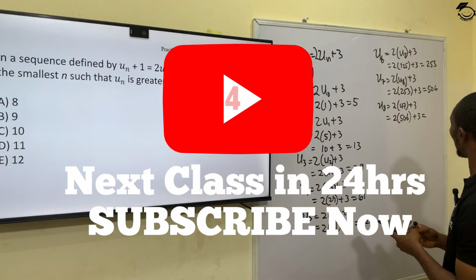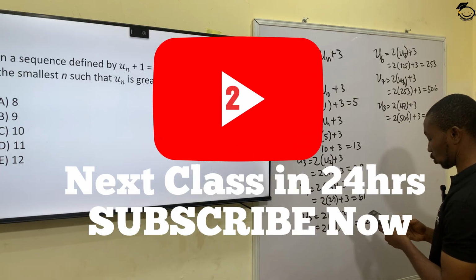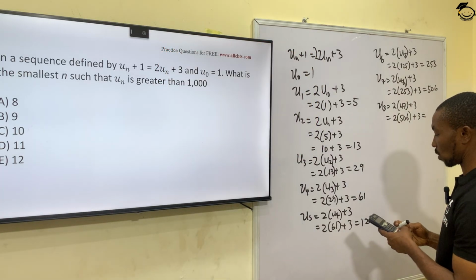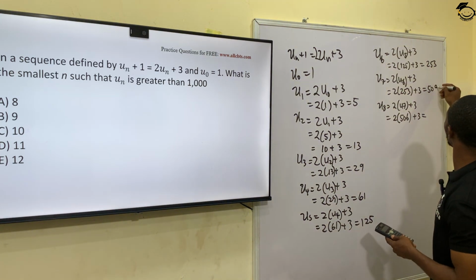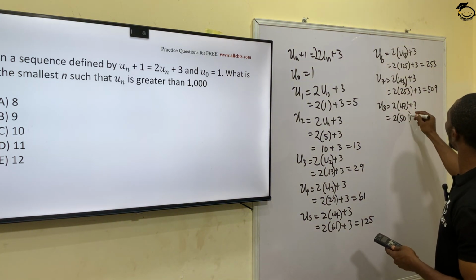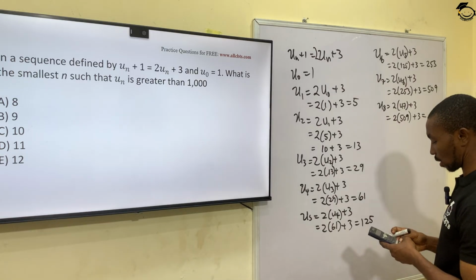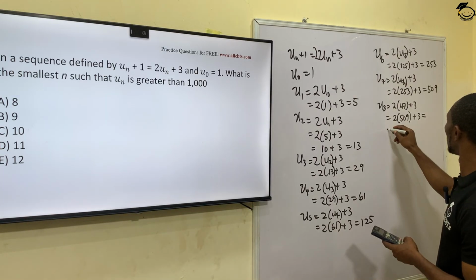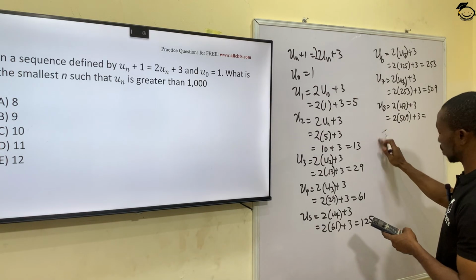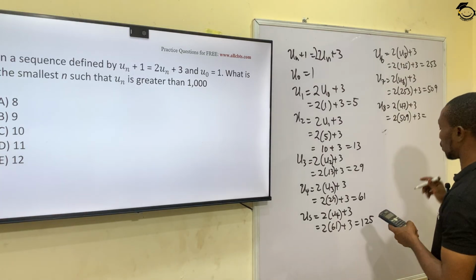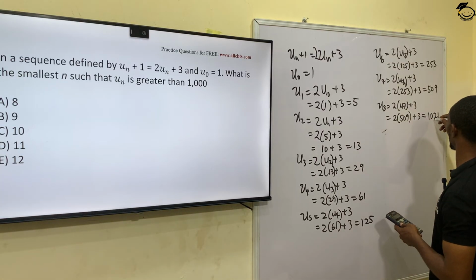We have 253 times 2 plus 3, okay, 509. So 509 times 2 plus 3 gives us 1021.